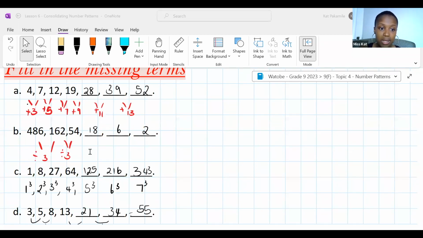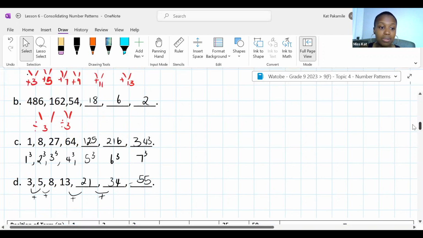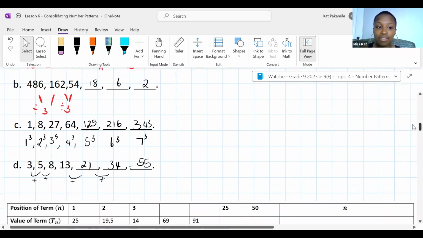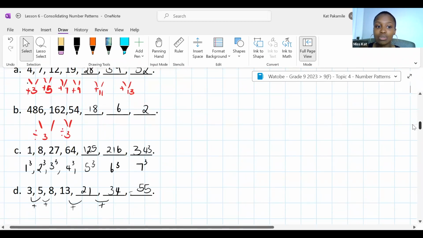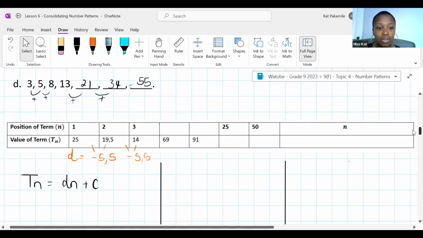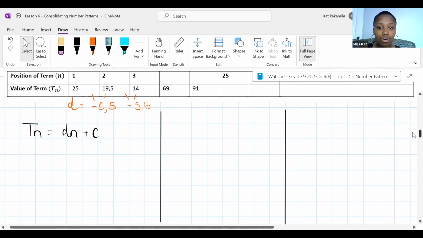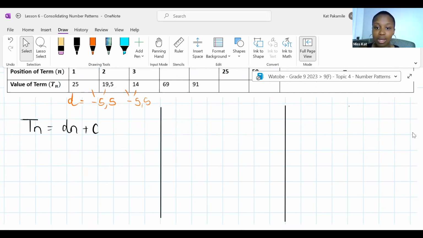Number 2, B, not linear either, because we are using the same number, but this time we are dividing. You see that? Yes, ma'am. Number C is definitely not linear, and number D. So none of these were actually linear because we didn't add or subtract the same thing. But if you look here, we are minusing the same thing over and over again. So that would be a linear number pattern.